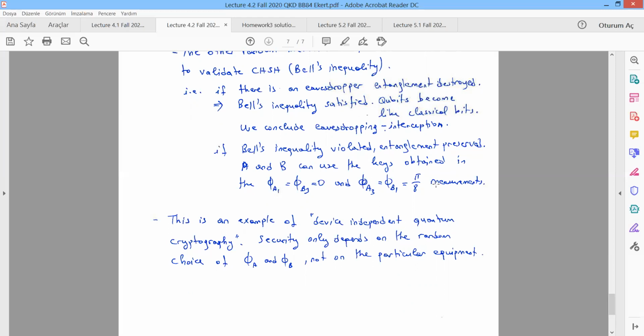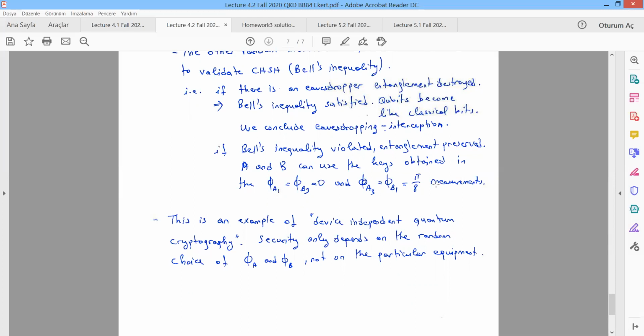And this is the importance of this over the BB84 protocol: this is a device independent quantum key distribution protocol. In other words, the security of this protocol does not depend on the quality or the security of the device that is producing these keys, these random numbers, because the way we are proving randomness is through the CHSH inequalities.